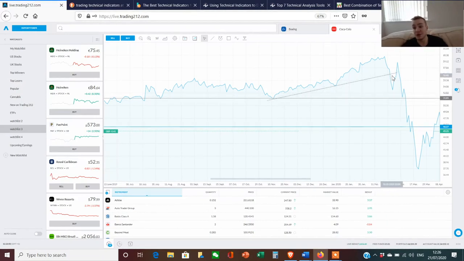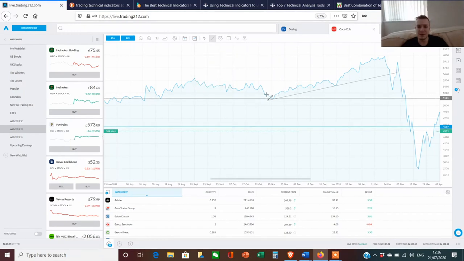So if you would have shorted when the price broke here and shorted when the price broke here, where my mouse is showing right now, you would have actually made money just from these indicators alone. And you can also draw a resistance line.